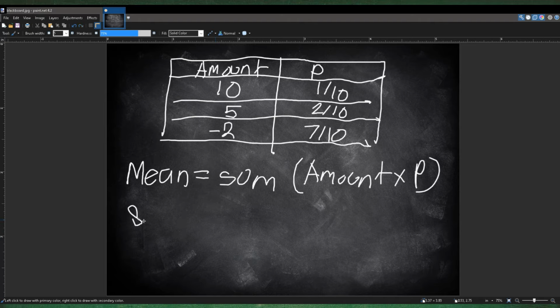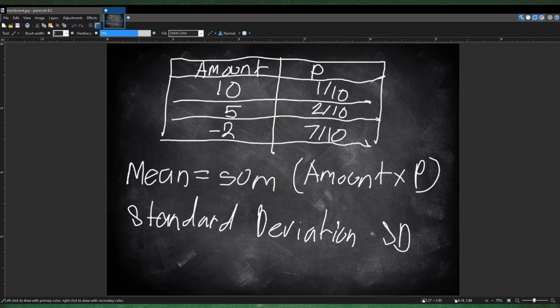And now, standard deviation. You can usually write this as SD. It's basically the same thing; it's how I write it as an abbreviation.